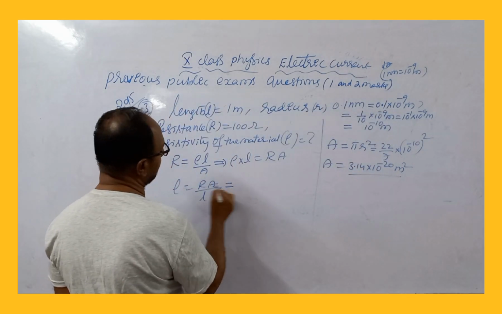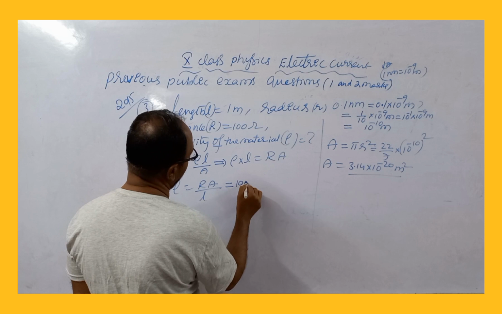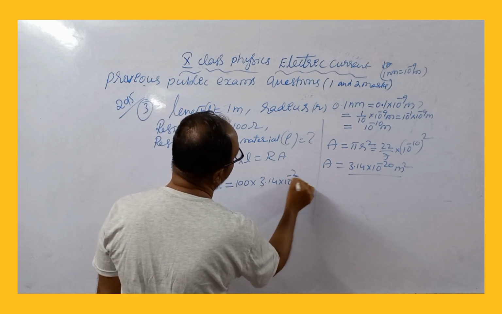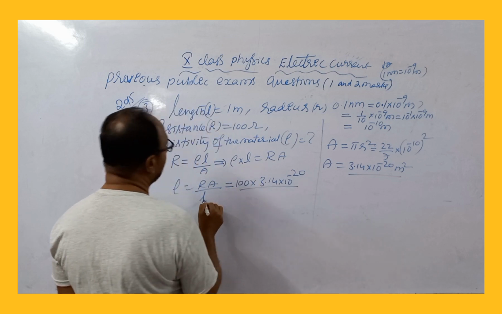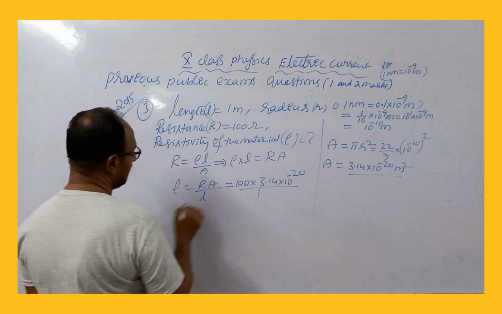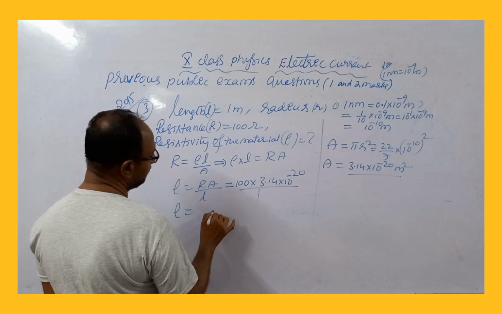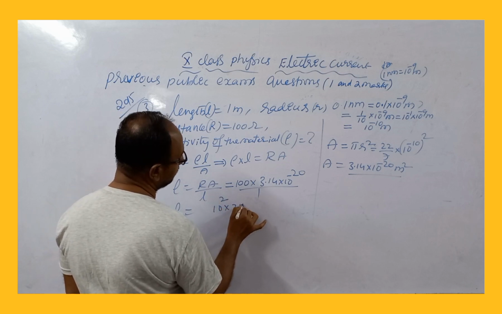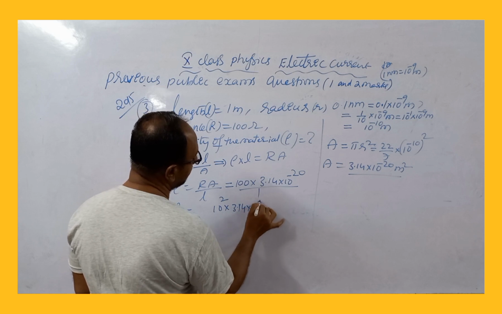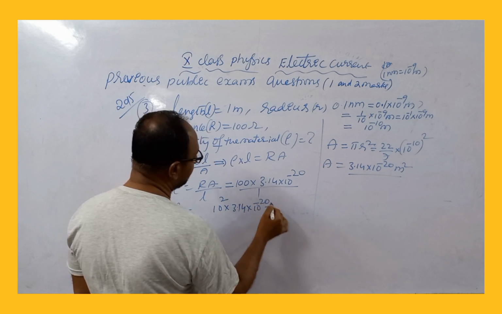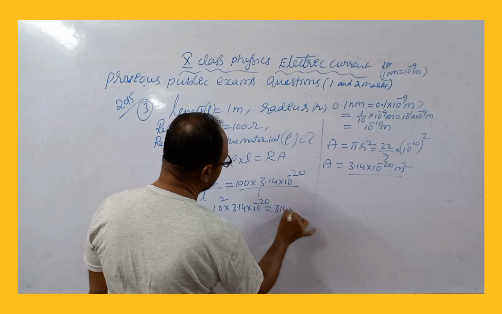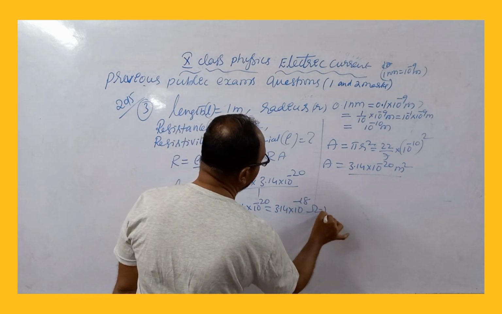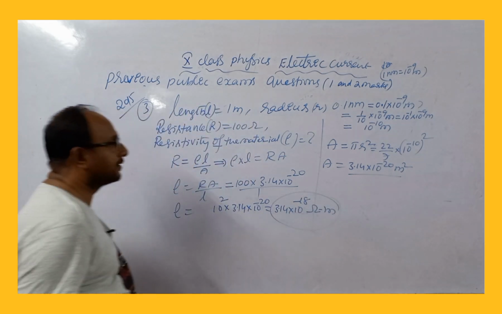R value is 100, A value is 3.14 into 10 power minus 20, L value is 1. So 100 we can write as 10 square into 3.14 into 10 power minus 20. 10 square, 10 power minus 20 means 10 power minus 18 ohm meter. So this is the answer for this one.